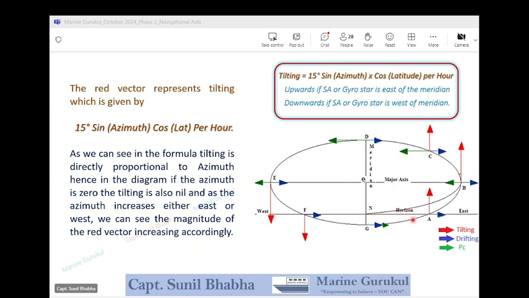At all the points east of the meridian, point A, point Bravo, then point Charlie, the tilting vector is upwards. And west of the meridian, you have two points, point Echo and point Foxtrot. At both these points, the direction of the tilting vector is downwards. So the magnitude as well as the direction of the tilting vector is correctly displayed in the diagram.